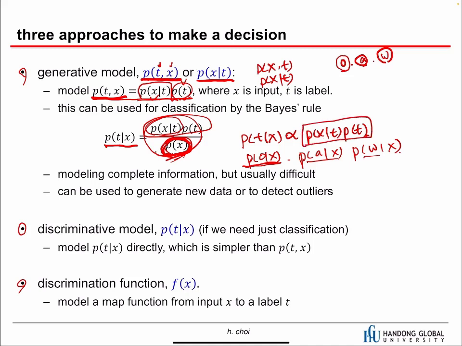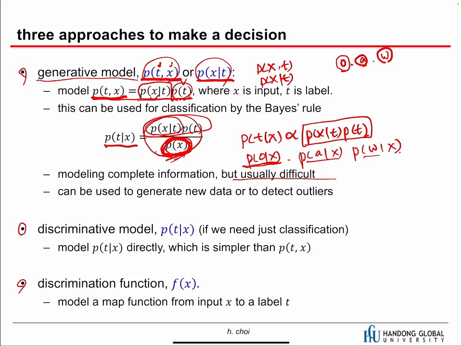Basically, generative models give complete information, but this is usually difficult. When we have these probability distributions, we can generate new data samples. That's why we call it a generative model.